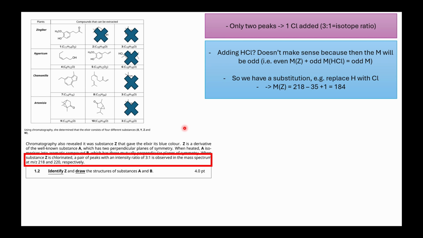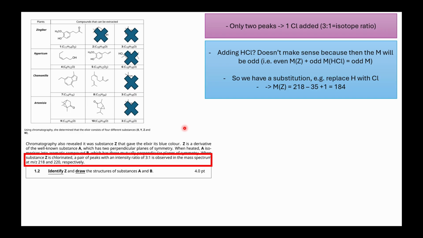So there's a possibility of substitution here, and it works nicely because chlorine forms one bond and has an odd mass, and hydrogen also forms one bond and has an odd mass. You can replace the hydrogen with chlorine, and you would end up with an even mass.